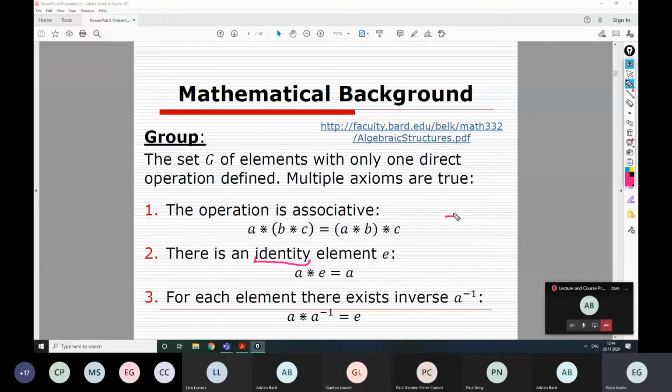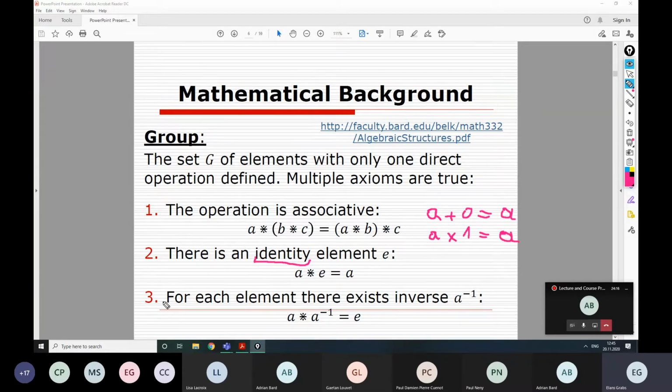For the addition operation, that is called zero. So we add 0 to any number and the number is maintained. For the multiplication operation, that is called the one element. In this case, multiplication also gives the same result. But in general, this is called the identity element, which doesn't change the value of our element.